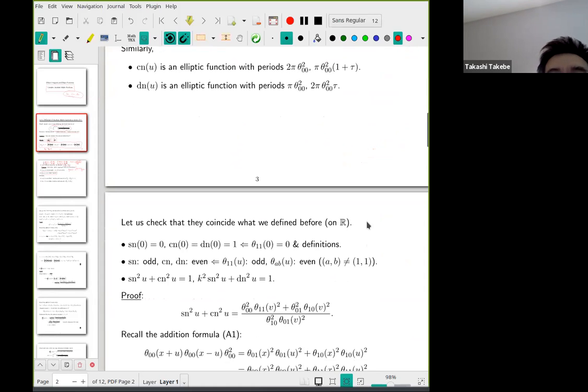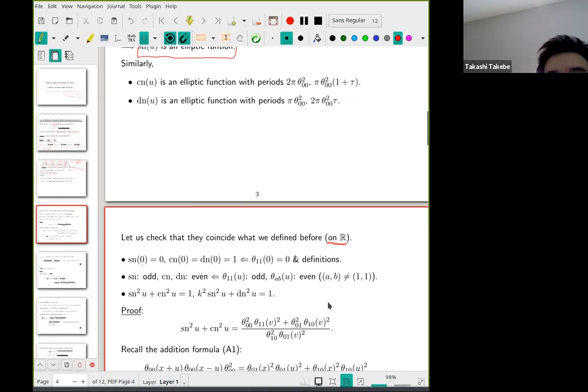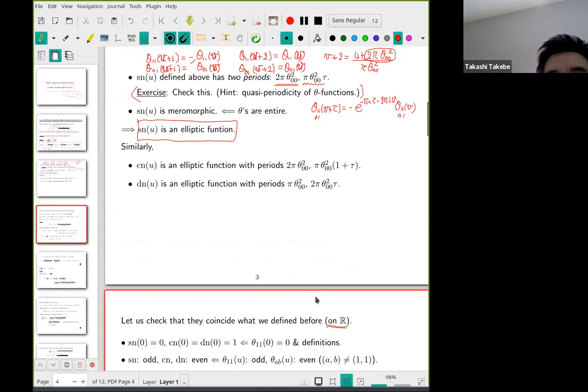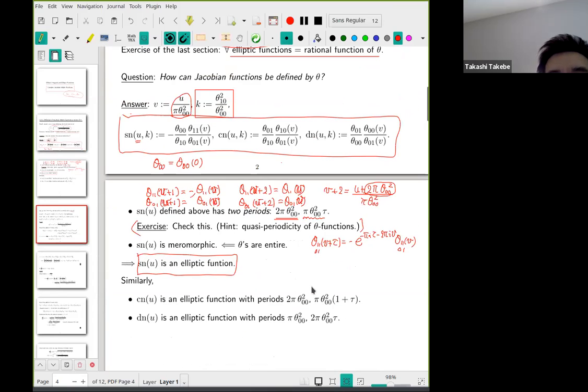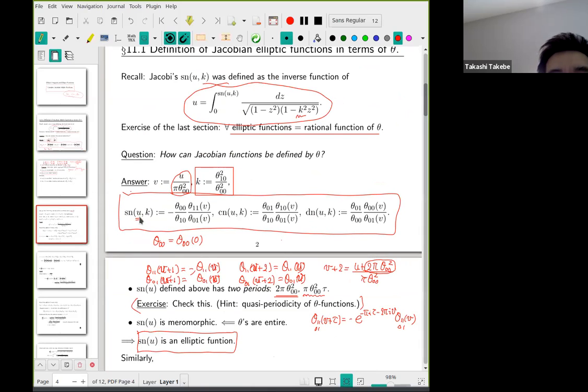So what do we know about Jacobi elliptic functions on R? For example, at 0, sn is 0, and cn and dn are 1. How can we prove this? For example, if u is 0, then v is 0.